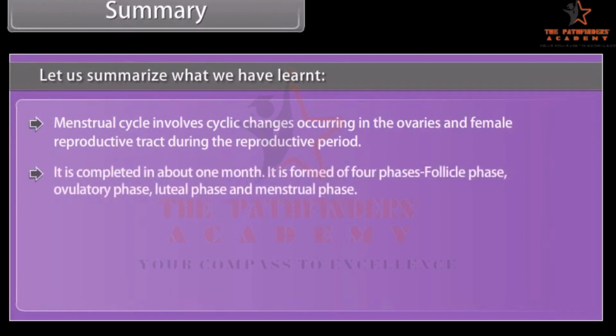It is completed in about 1 month. It is formed of 4 phases: follicular phase, ovulatory phase, luteal phase, and menstrual phase. It starts at puberty and permanently stops at menopause.